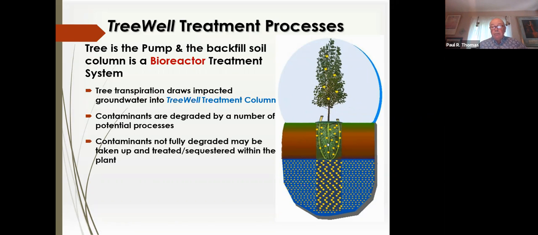And there's the potential for what people think of with phytoremediation, where the contaminants actually get into the tree, or whatever the plant is that's being used, where it has the potential to be degraded or sequestered in the plant.